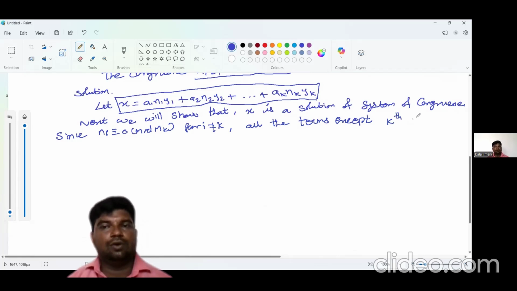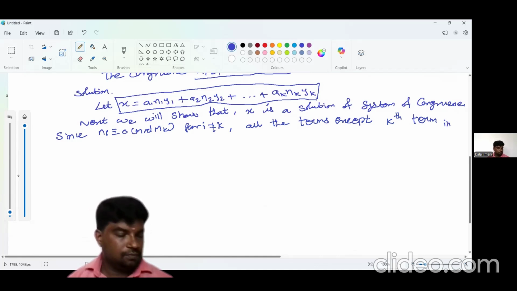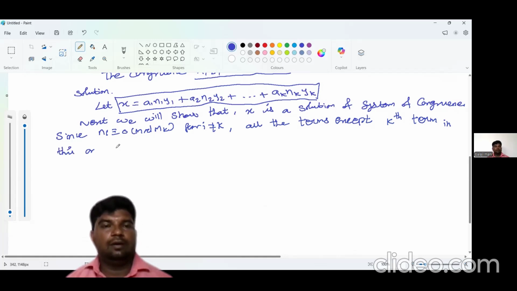That means, except the kth term, every other term is congruent to 0 mod mk.